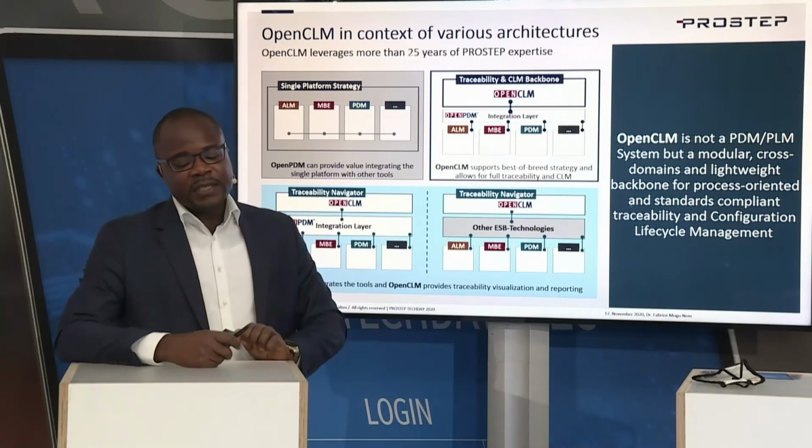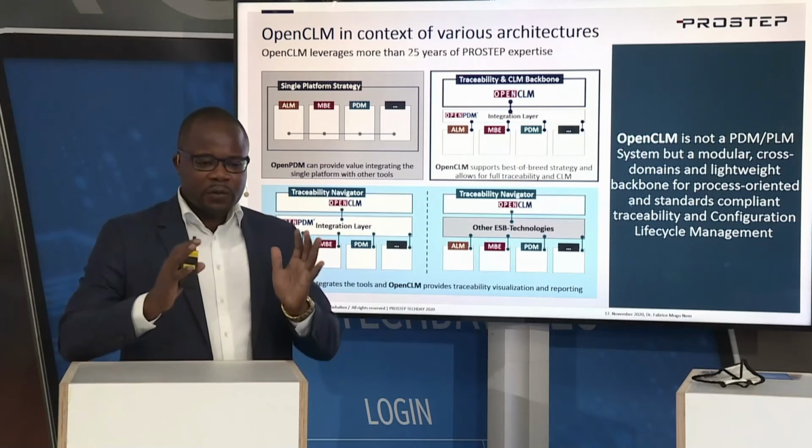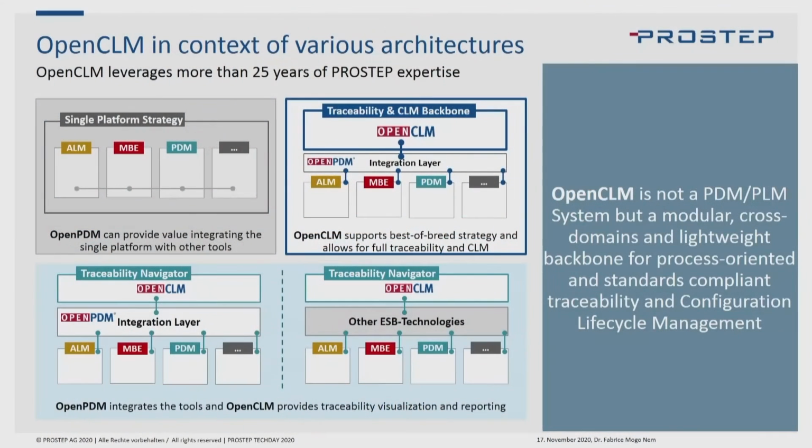In this constellation of different architectural options, with OpenCLM you feel better in a mixed landscape. And you have the possibility to cover the whole bandwidth, with OpenCLM as navigator for various tracing systems.